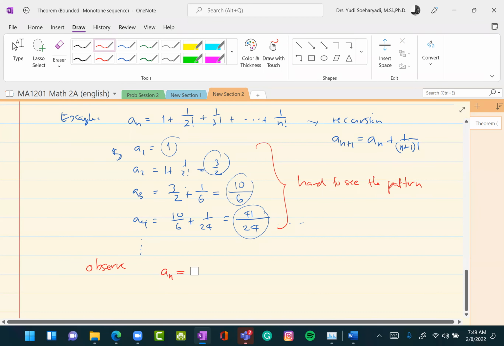Correctly, or just one by one. A2, for example, 1 plus 1 over 2 factorial.